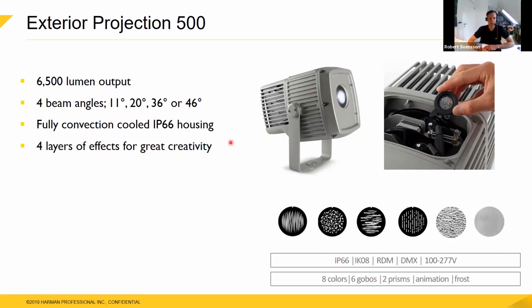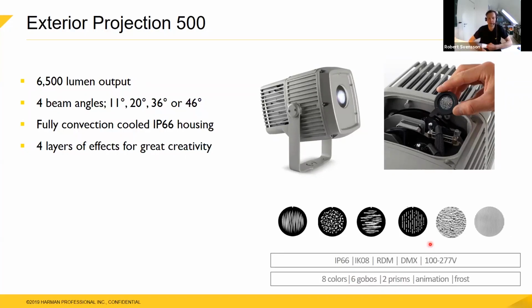So talking about the 4 layers, well, we have 6 gobos, so that would be 1 layer. Then we have colors. This fixture has color flags. It has 8 colors that you can add on top of the gobos. Then it has 2 prisms, meaning you can divide the image out into a 3-facet prism or a linear prism that more or less stretches the image.